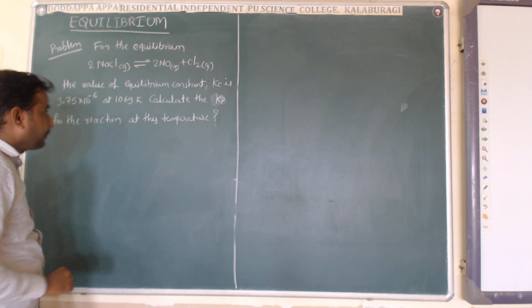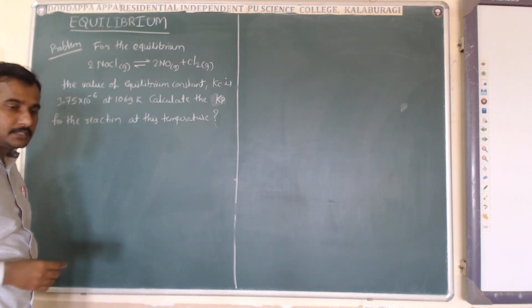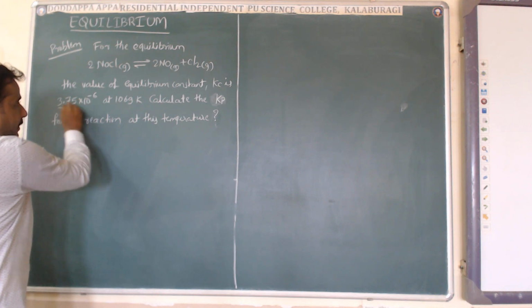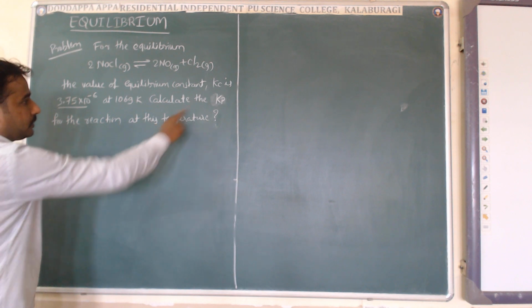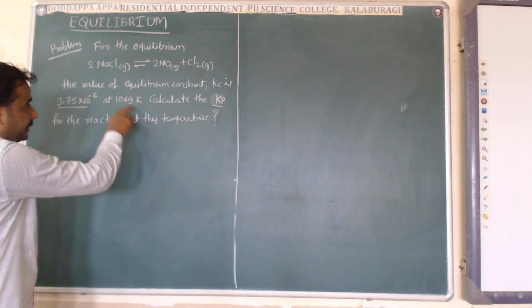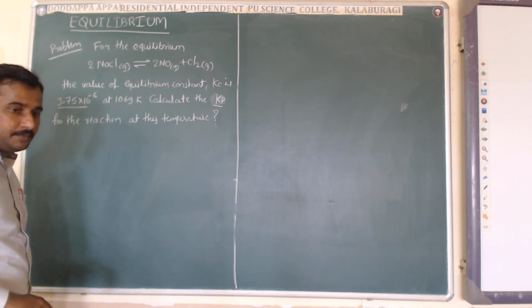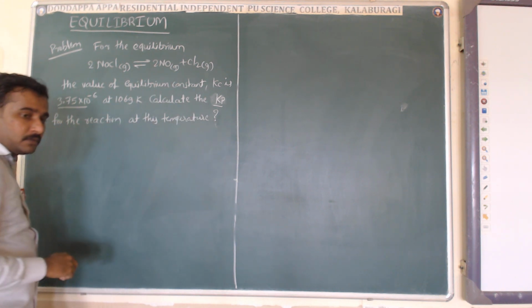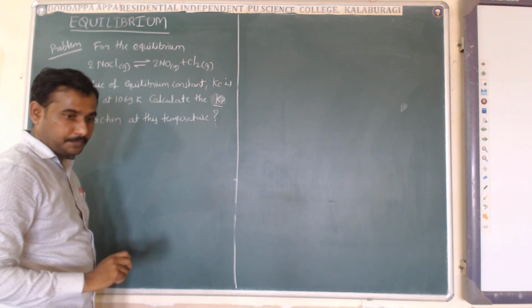Calculate the Kp for the reaction at this temperature. They are telling us that they have given the Kc value, and we have to find the Kp value at the same temperature, 1069 Kelvin.